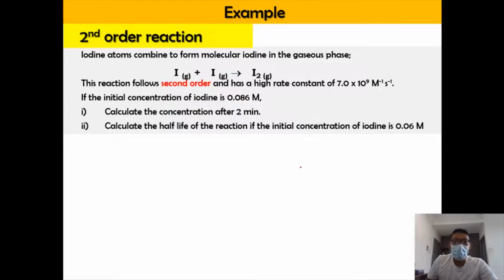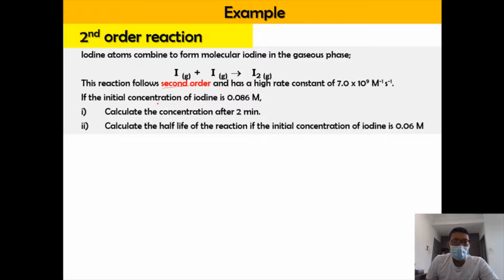Now we're going to do an example regarding the integrated rate law and half-life that we have studied for the second-order reaction. It says iodine atoms combine to form molecular iodine in the gaseous phase. This reaction follows second order and has a high rate constant of 7 × 10⁹ per molar per second.